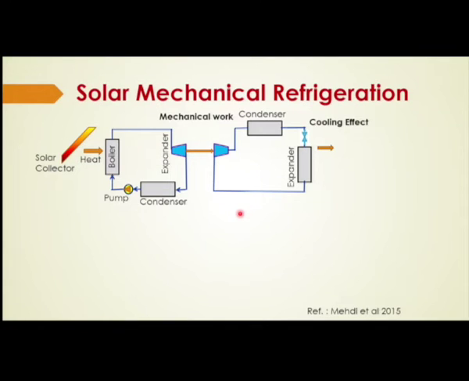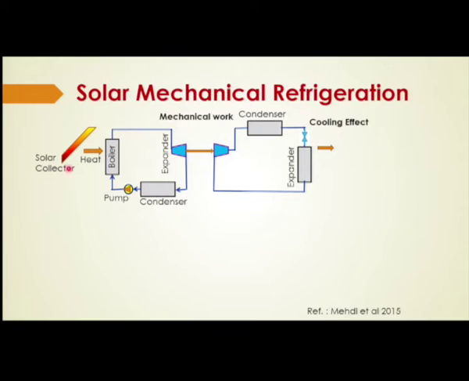Next one is solar mechanical refrigeration. Here it uses a thermal collector. A solar collector is used, and this one converts the sun radiation into heat. This heat is used for the boiler, and this boiler is attached with the condenser, pump and expander.